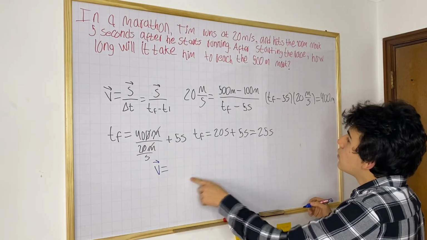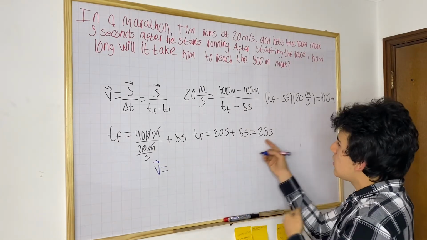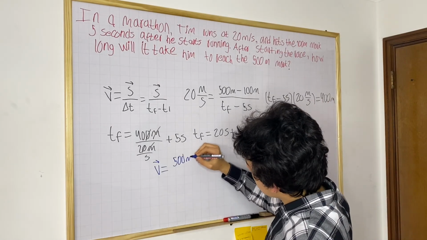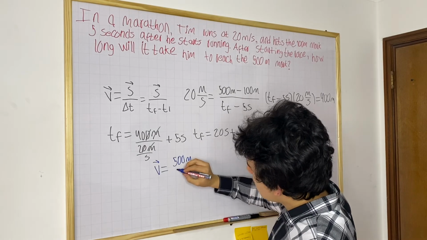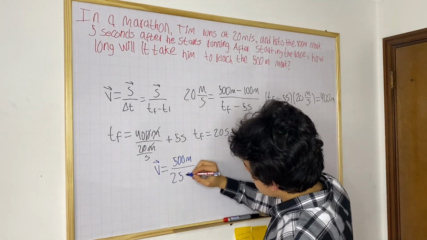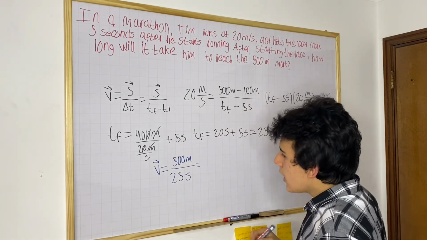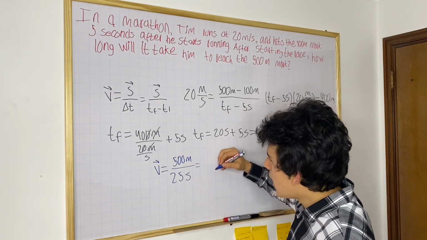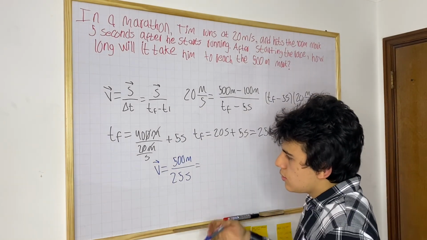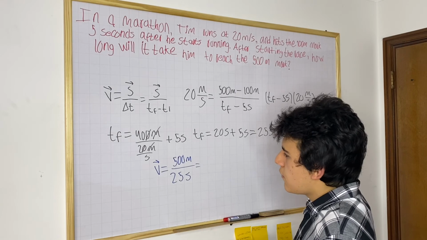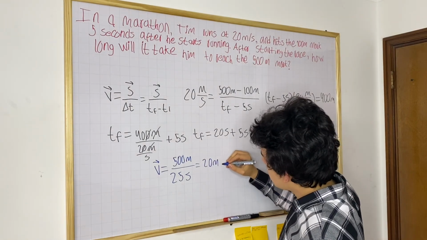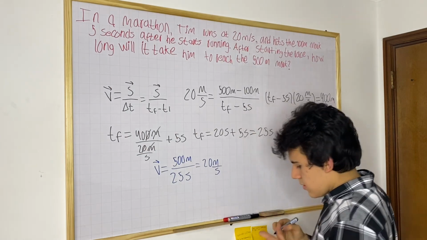So our velocity should be equal to, if this number is right, 500 meters divided by our answer, 25 seconds. And indeed, we should get 250 divided by 25, or just simply 20. So we get 20 meters per second.